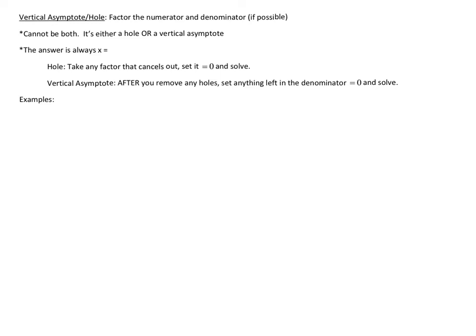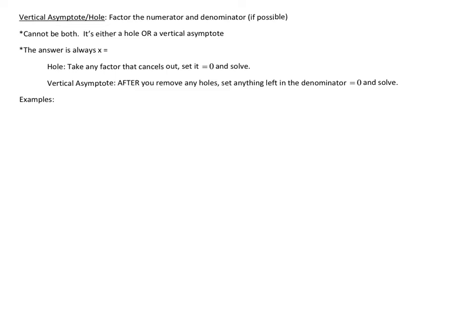Now, the domain of our function is going to tell us where the graph cannot be and where it can be. So when we were looking at our domain of a rational function, we set that denominator not equal to 0, and we said, okay, well, we cannot be, say, the number 3, right?